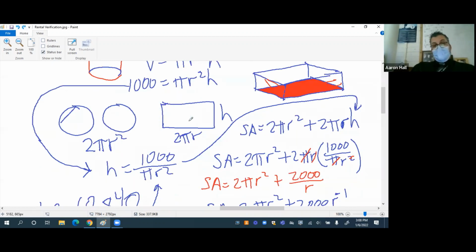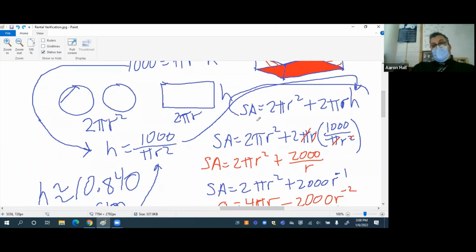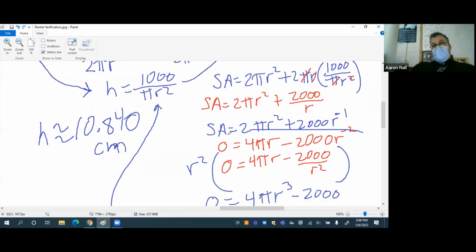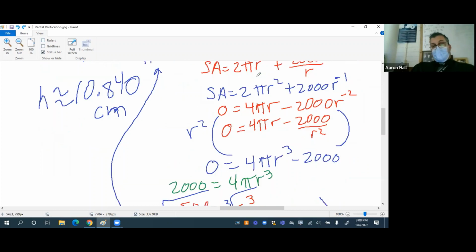Yeah, so you just solve for that, and then you plug that in for H, and then you found the derivative. And then we find the derivative of which equation again? The surface area. Good. And then you set it equal to 0, and then you solve for R, the radius.